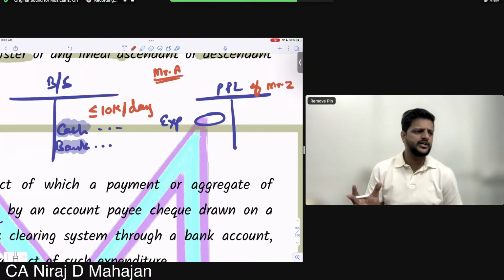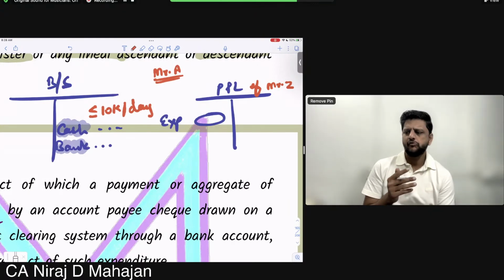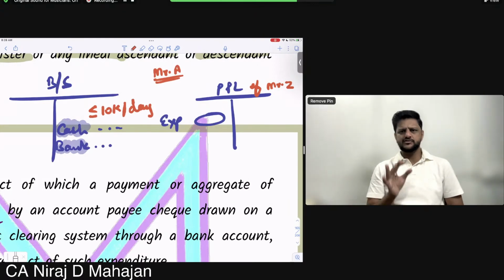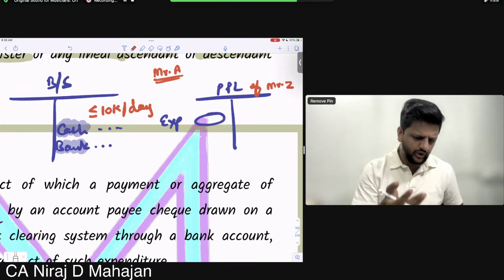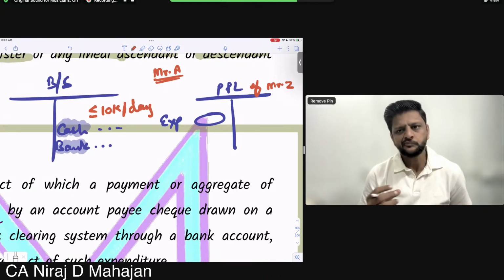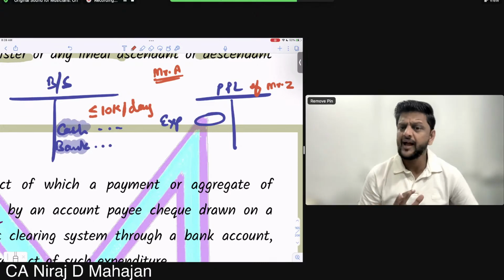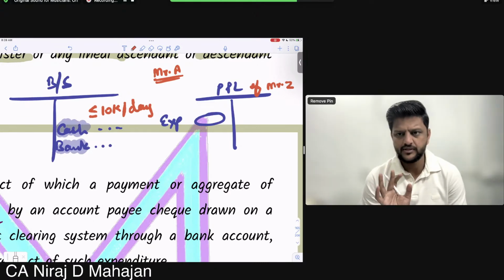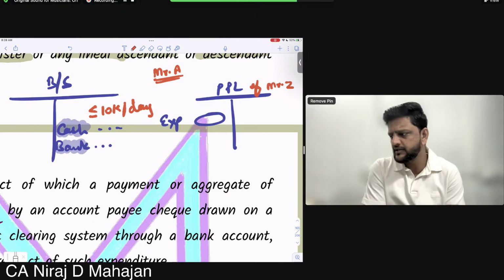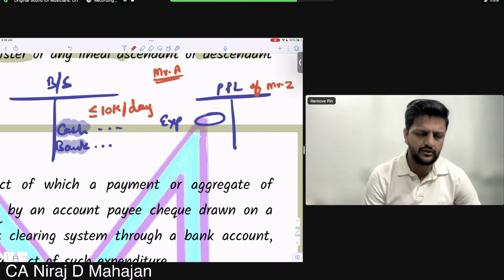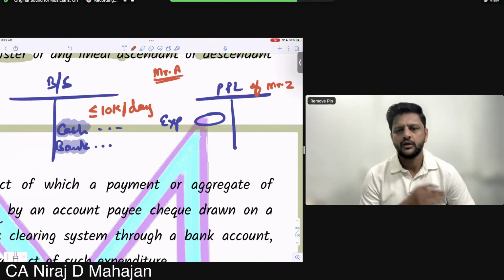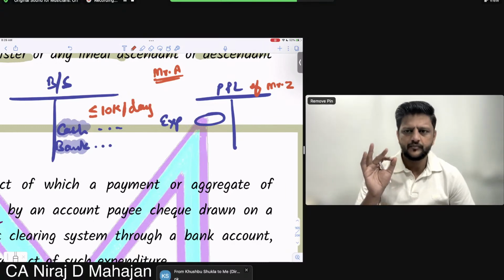See, if you understand the intention, it becomes easy to understand. Government, since the last 3 years from demonetization, has encouraged digital payments. This I hope everybody understands, and it is catching up quite nicely. So government is promoting digital payment.